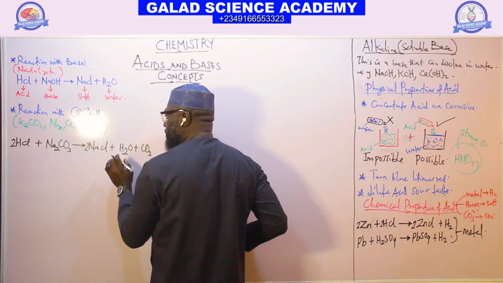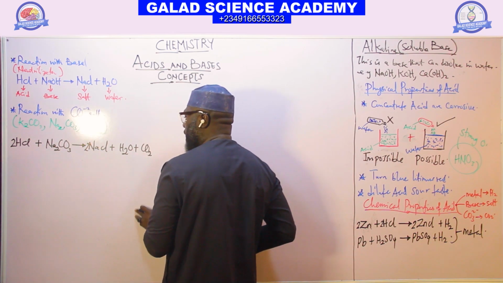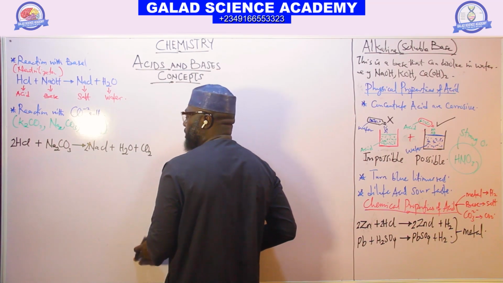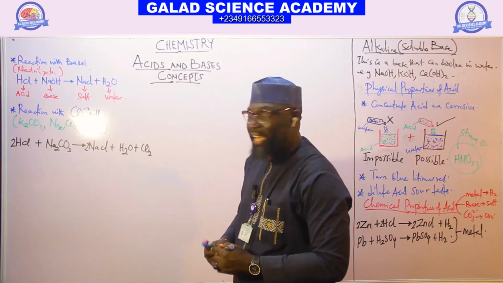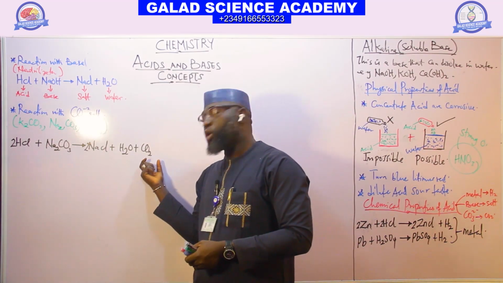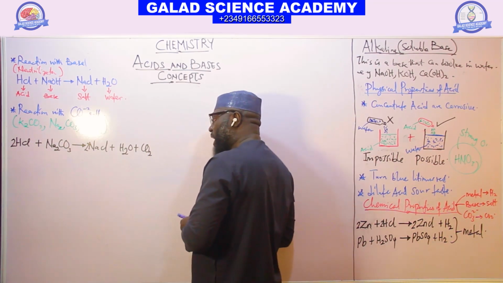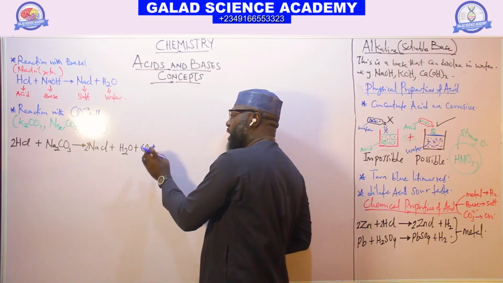Hydrogen is balanced. Oxygen: we have 3 here, 3 here, so it is balanced. Carbon is balanced. Whenever any acid reacts with any carbonate salt, there will be the evolution of CO2 gas. So the CO2 gas will be liberated, and here we have sodium chloride and water.